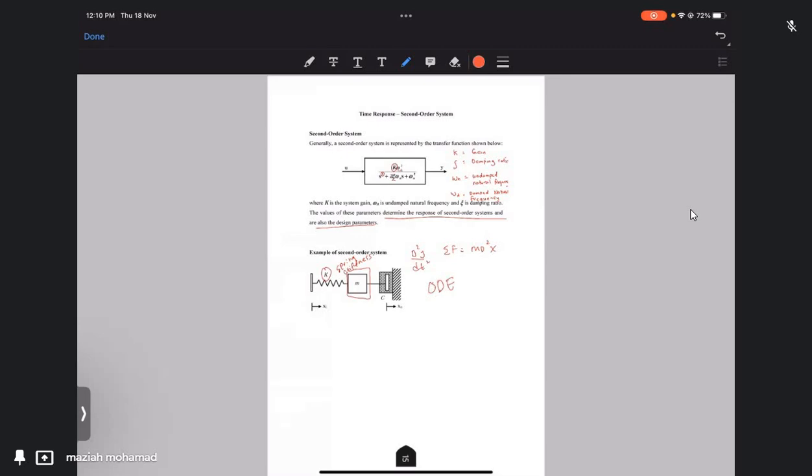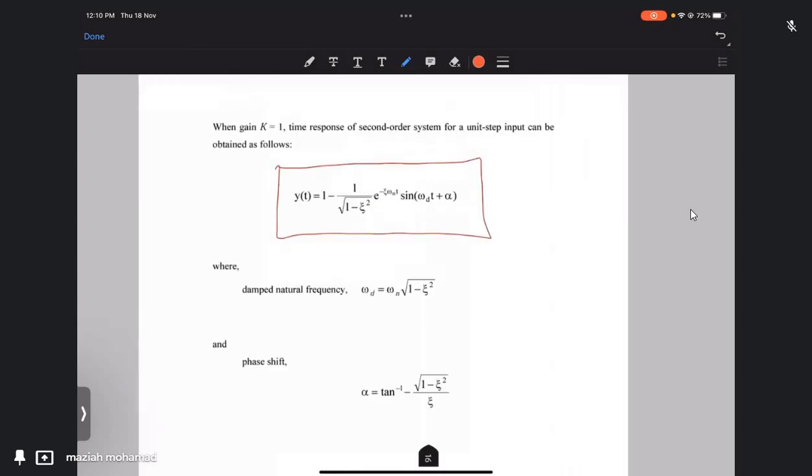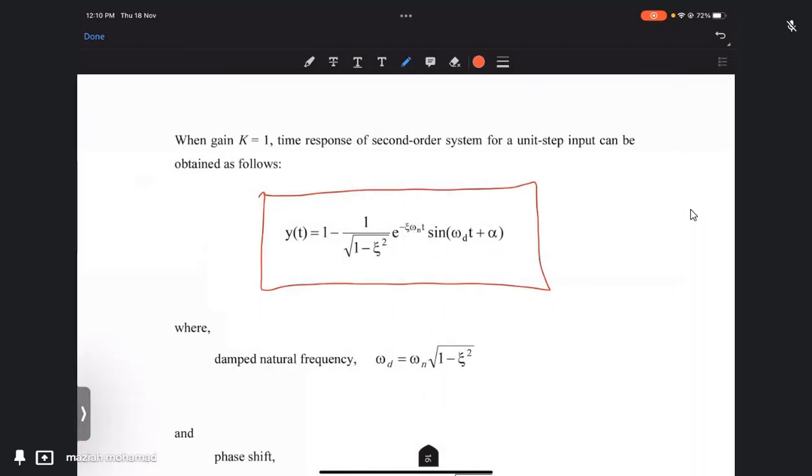After you determine A, B, and C, etc. from the partial fraction part, you inverse that, and then this is the general time response. It is general here because we do not determine the value of zeta, omega n, alpha, and omega d.